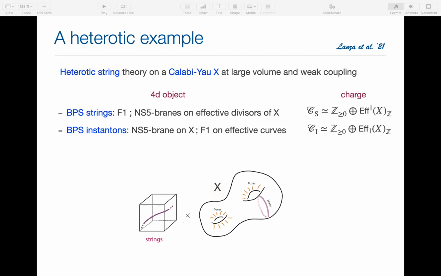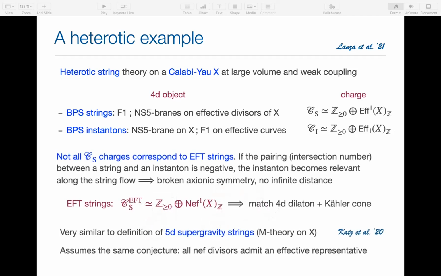In practice, what we do is characterize this spectrum of BPS objects in terms of discrete cones. And then there's a nice interplay between this perturbative axionic region and what these cones are.